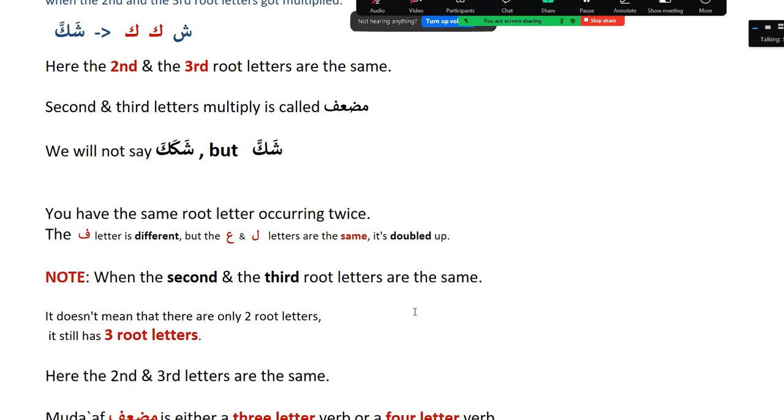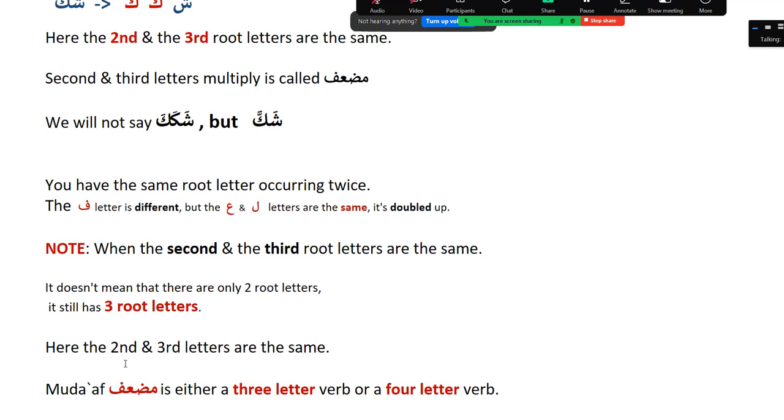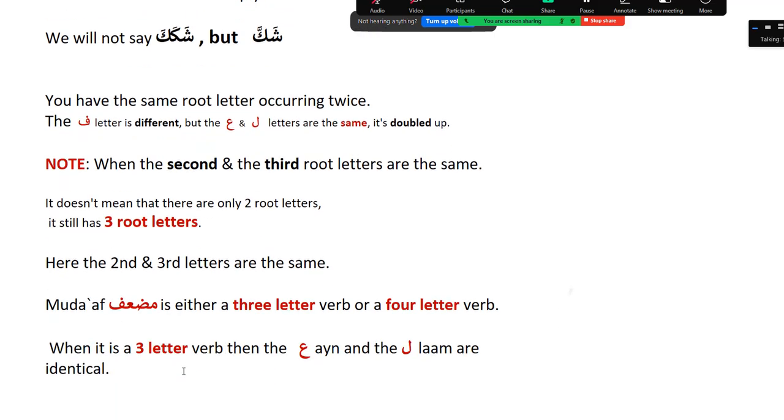So when the second and the third root letters are the same, it doesn't mean that there are only two root letters. It still has three root letters. And the second and the third root letters, ain and lam, are the same.